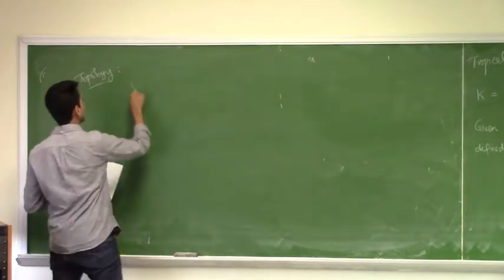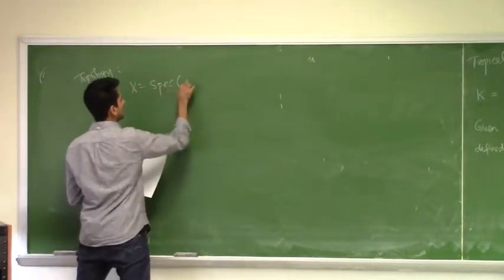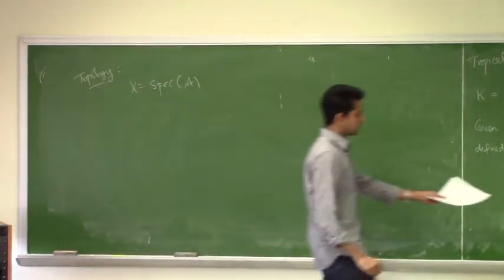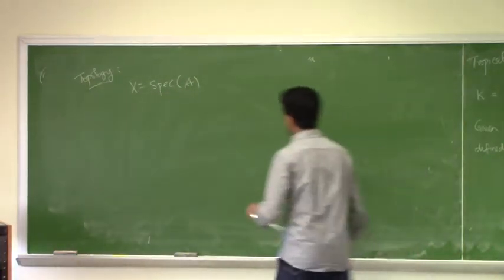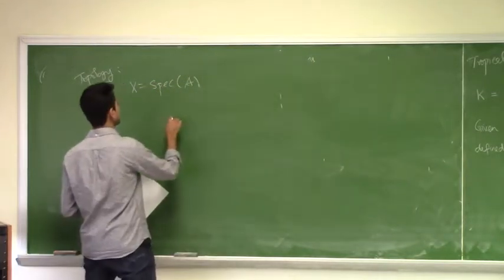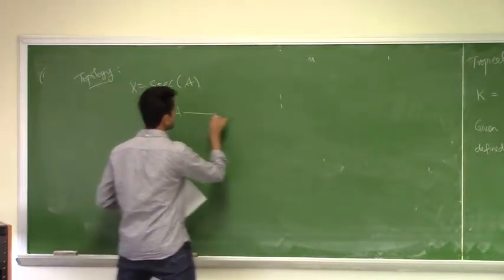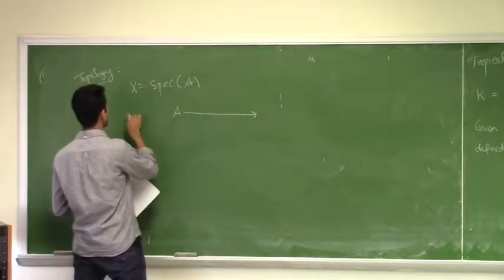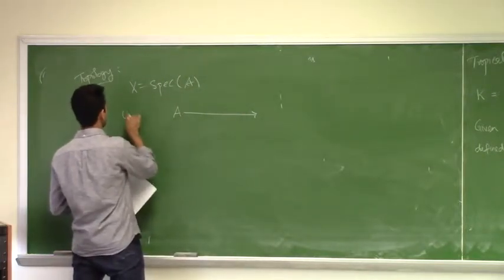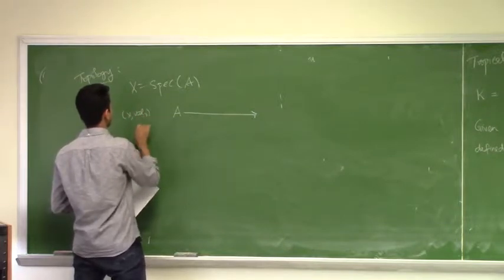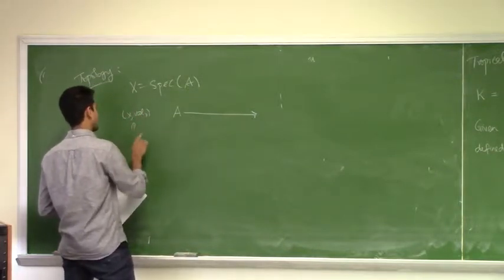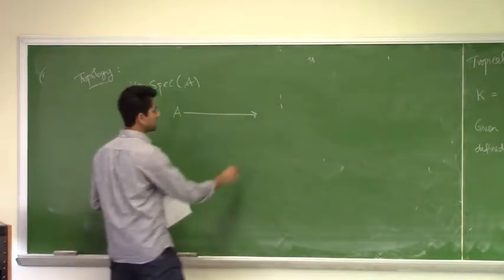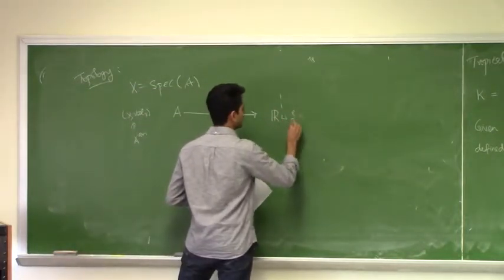Okay, so let's say X is Spec A, where A is some K algebra. It turns out that if you think a little bit about this, a point, let's say x comma val x, sitting inside Berkovich space, is going to give me a valuation on A to R union infinity.